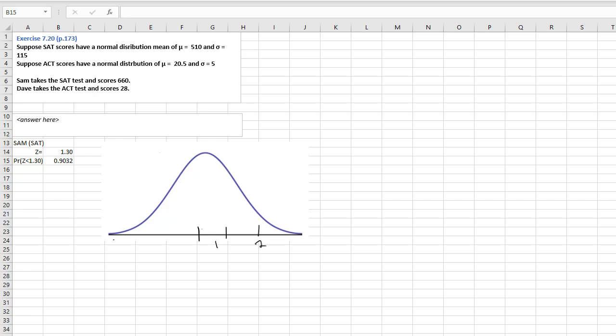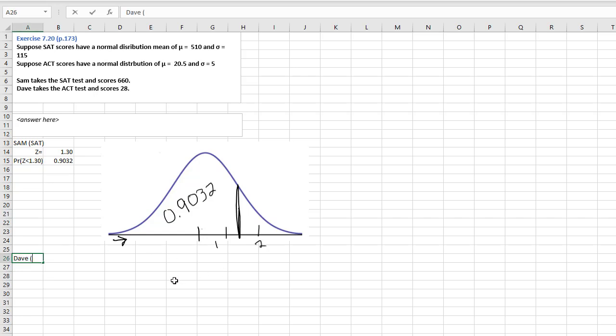Shading from this area to the left, we would go to 1.3, right here, and everything in this whole spot is 0.9032. So 90th percentile. Okay, so pretty good. Now let's see what Dave is like.